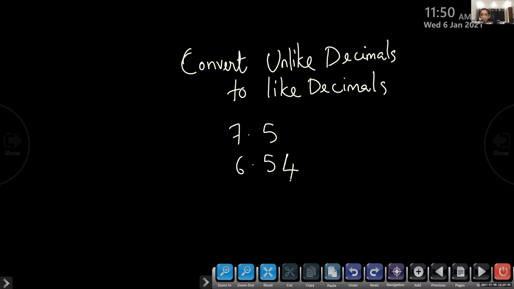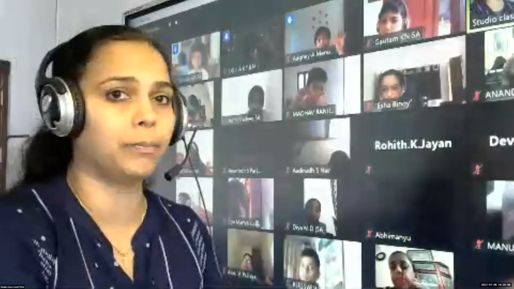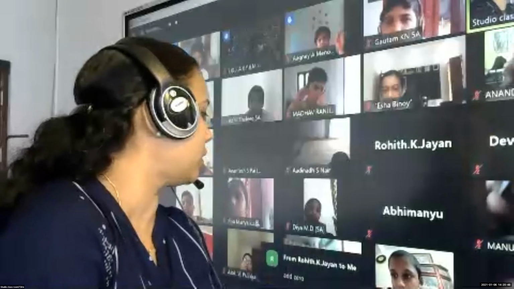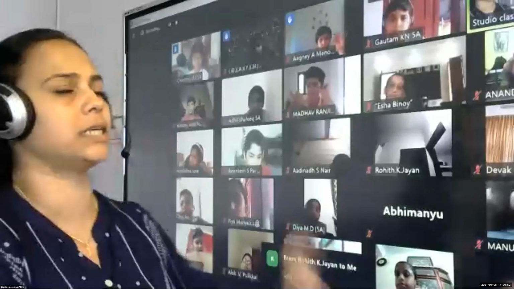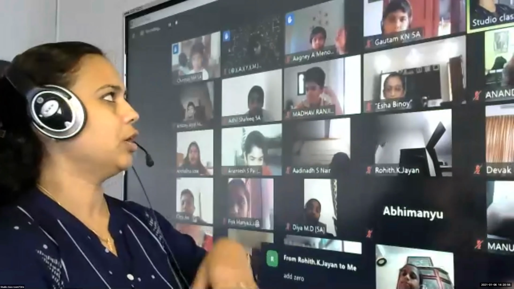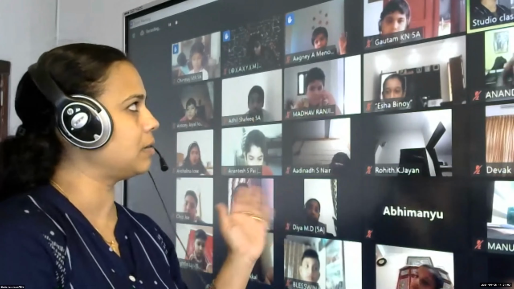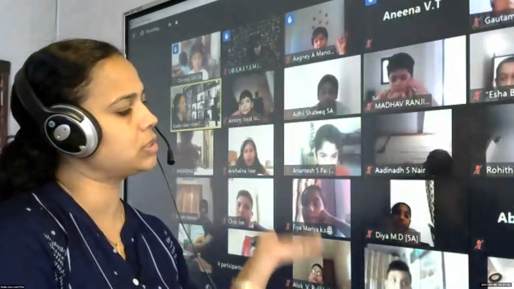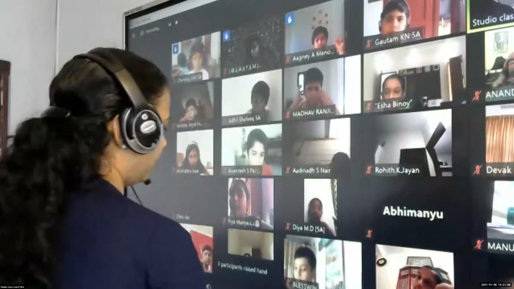We will check which number has more decimal places, and we will just add zeros after that number. We will not add zeros to the front, but to the right side of the number. I will show you.